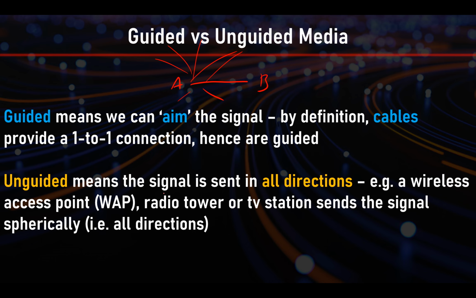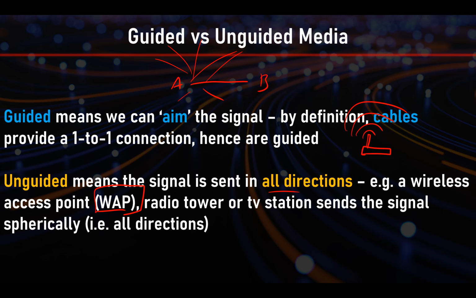However, unguided means the signal is sent in all directions, and in some cases this is actually useful, for example a wireless access point. If we're thinking of a home router, the router provides the wireless access point, which is basically the antenna, the thing that's sending out the signals.